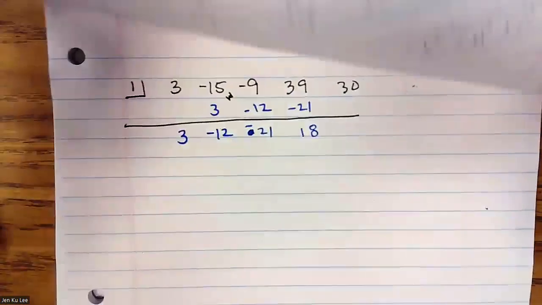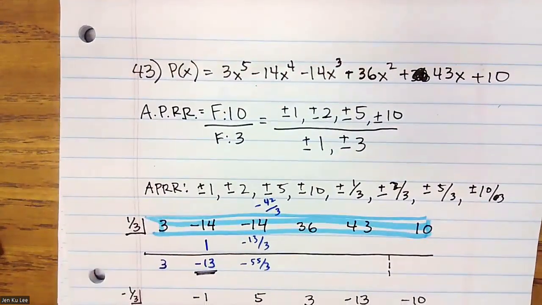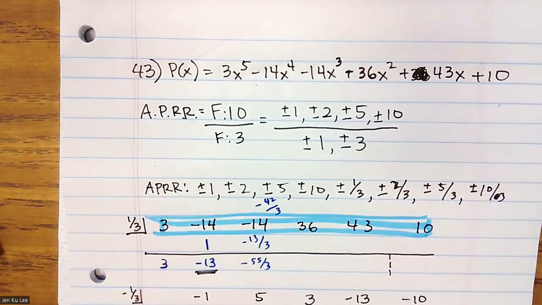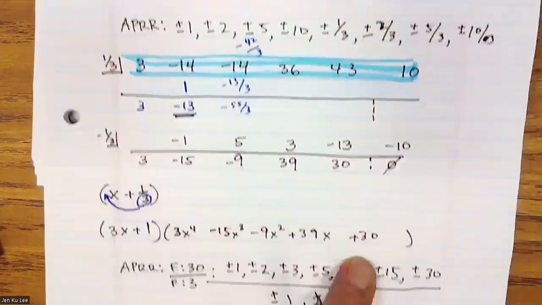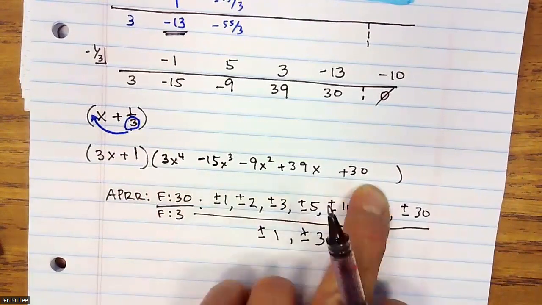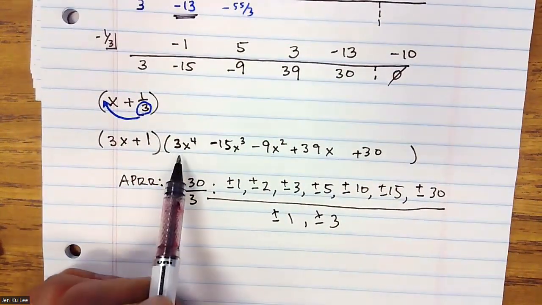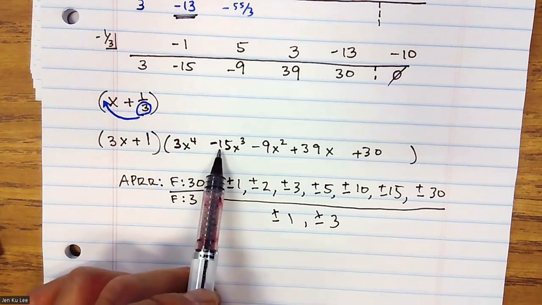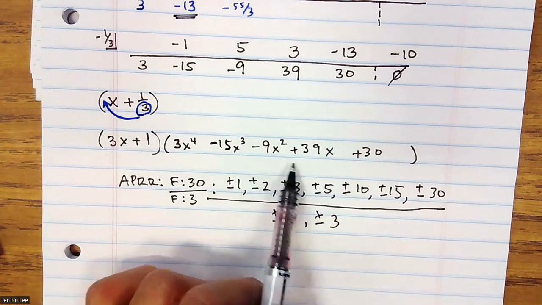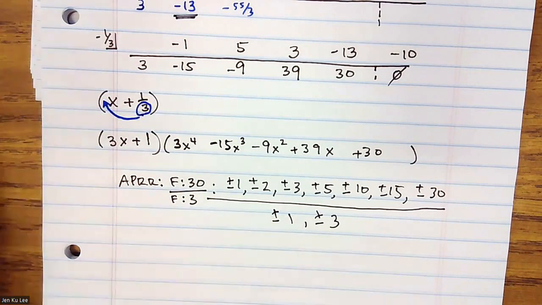Let me check. Oh, class, what can I do? What can I take out of a 3x to the 4th and negative 15x cubed? A 3, right? I'm just going to do that at first.